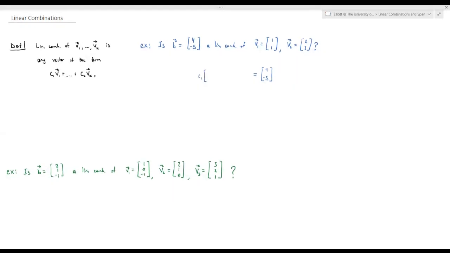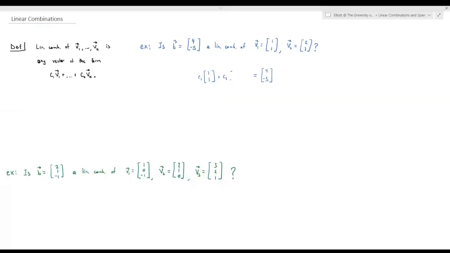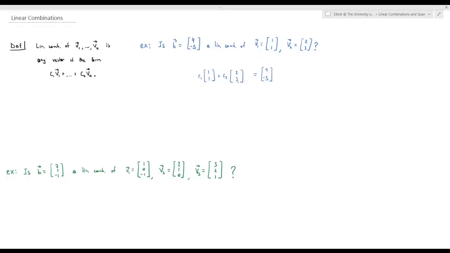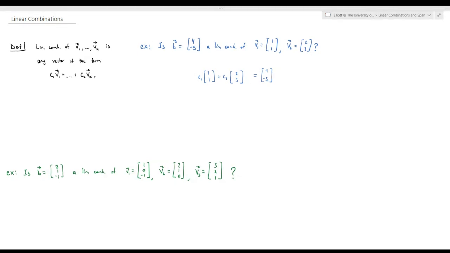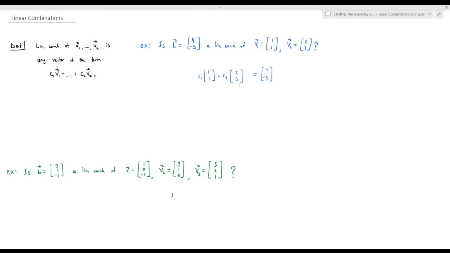So here on the left-hand side, I'm going to create a linear combination of v1 and v2, and what I want to do is see if I can solve for a c1 and c2 that will satisfy this equation. Whenever you're doing this type of question, this will basically lead you to a system of equations.